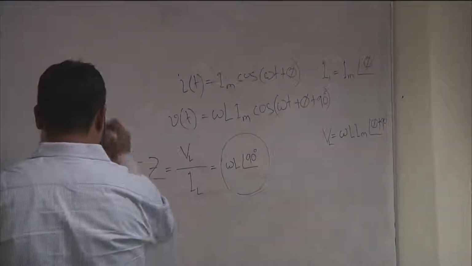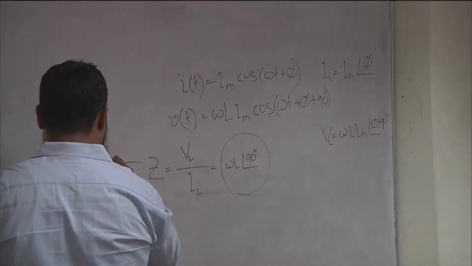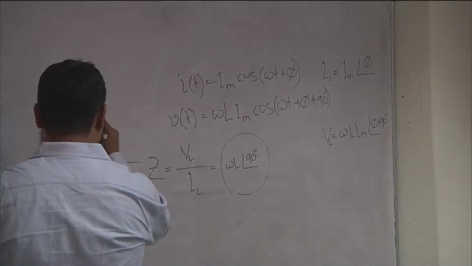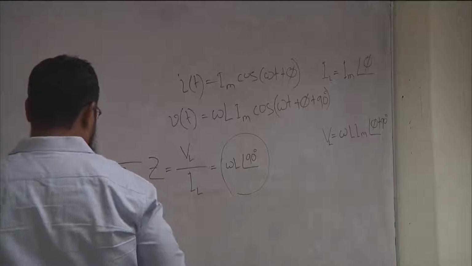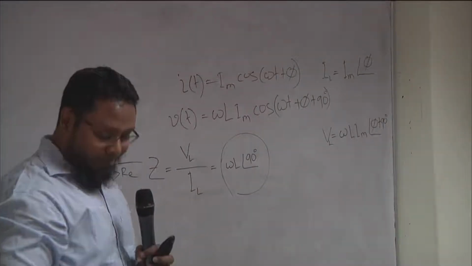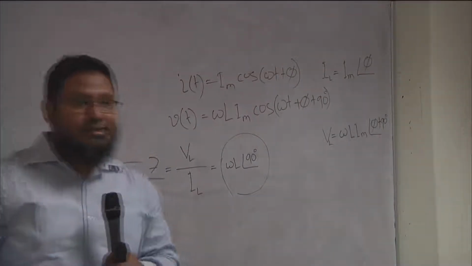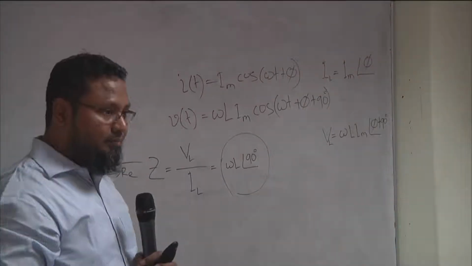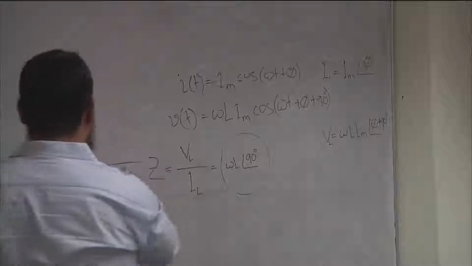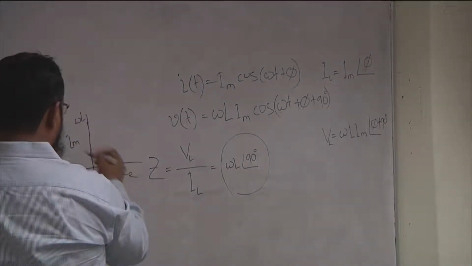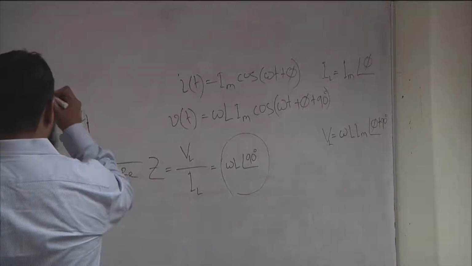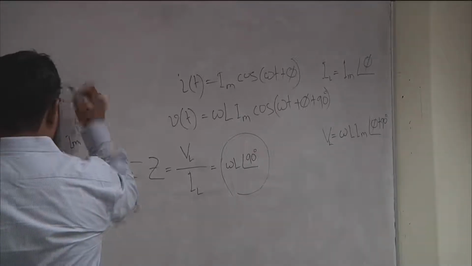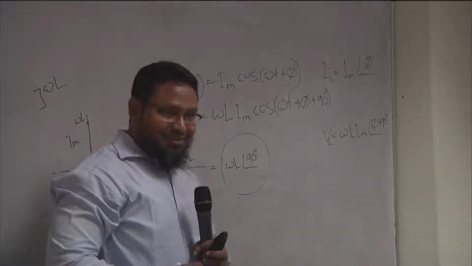So you have a vector that runs from the origin to omega L. Can you now tell me what the impedance of the inductor would be in rectangular form? It's j omega L, right? Because there is no real part. We only have the imaginary part. That means j omega L. Is that okay?